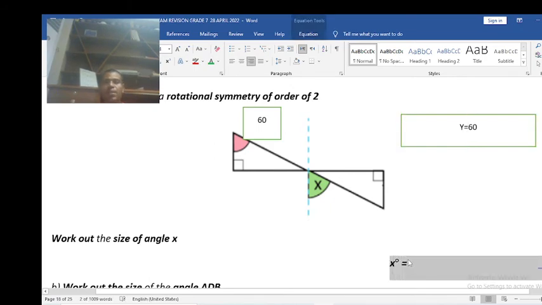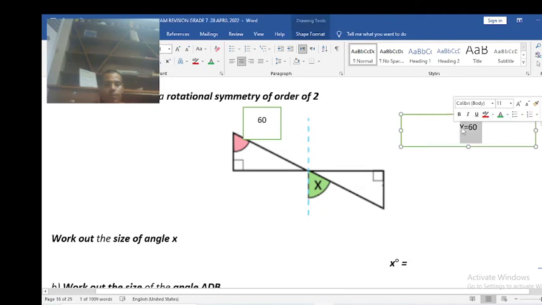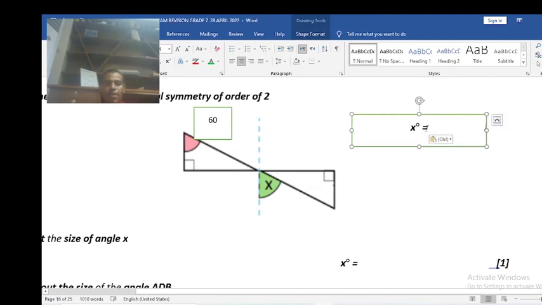Okay, so X here is equal to, not X, I will just suppose this is Y. Y equals what? Equals 90 degrees minus 30 minus 60 degrees, which is equal to 30 degrees.